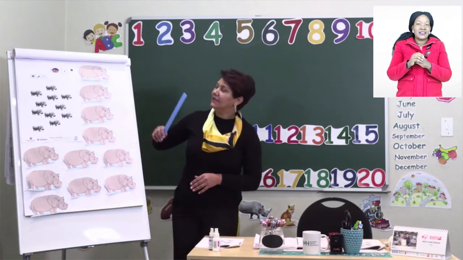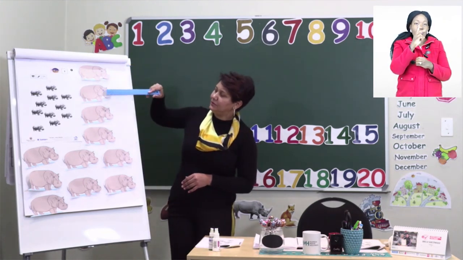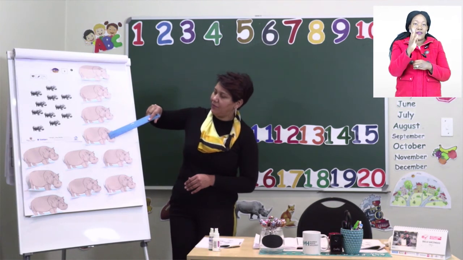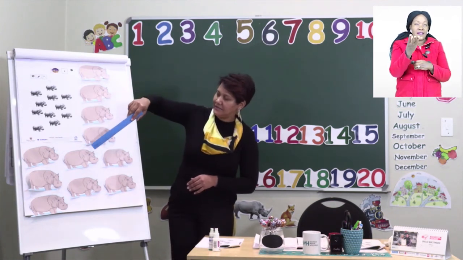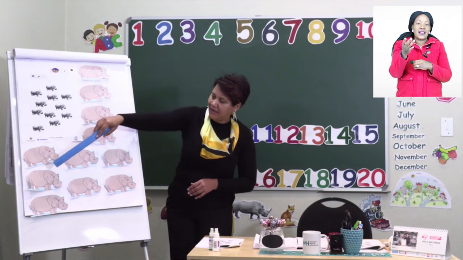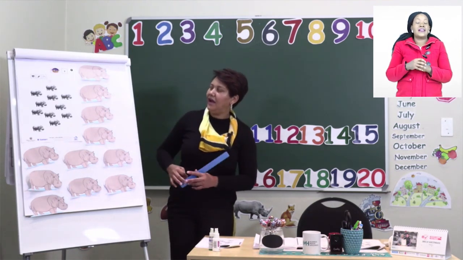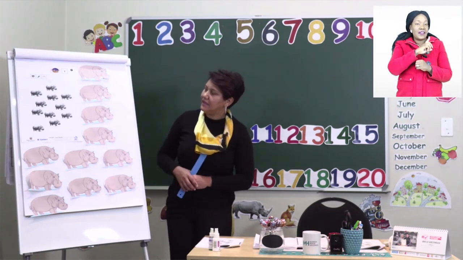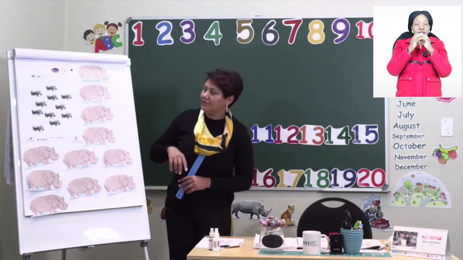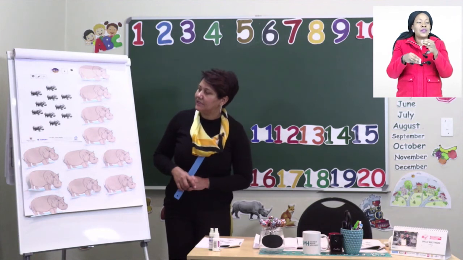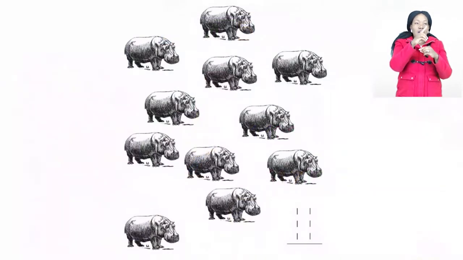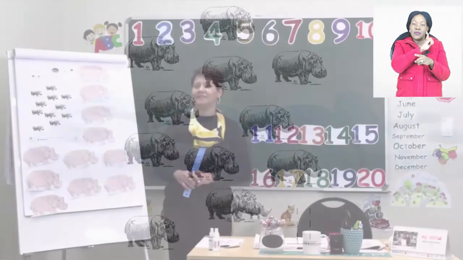Now let's count it. 1, 2, 3, 4, 5, 6, 7, 8, 9, 10, 11. I have 11 hippos here. Wow, let's look at the number that you have to fill in on your sheet in the workbook. That's number 11. Count and fill in number 11. Trace the numbers from top to bottom. Enjoy!